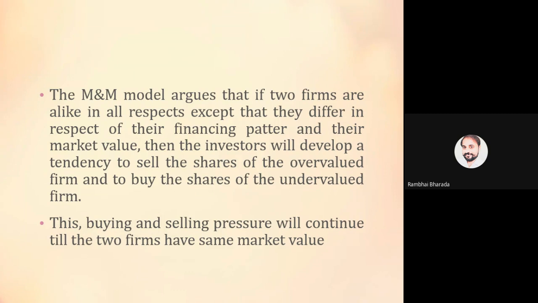Okay, all the investors are selling their shares of ABC. Coming to the next, and to buy the shares of the undervalued firm. What will happen now? Investors purchase the shares of XYZ Limited. Are you getting my point?